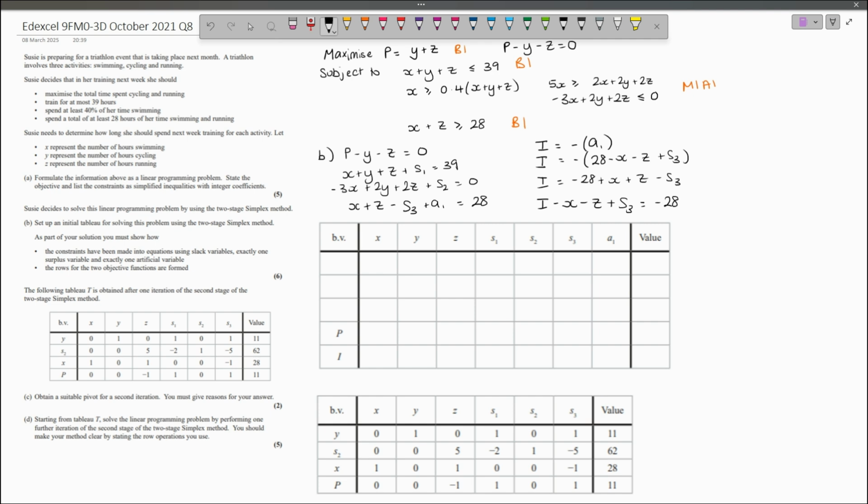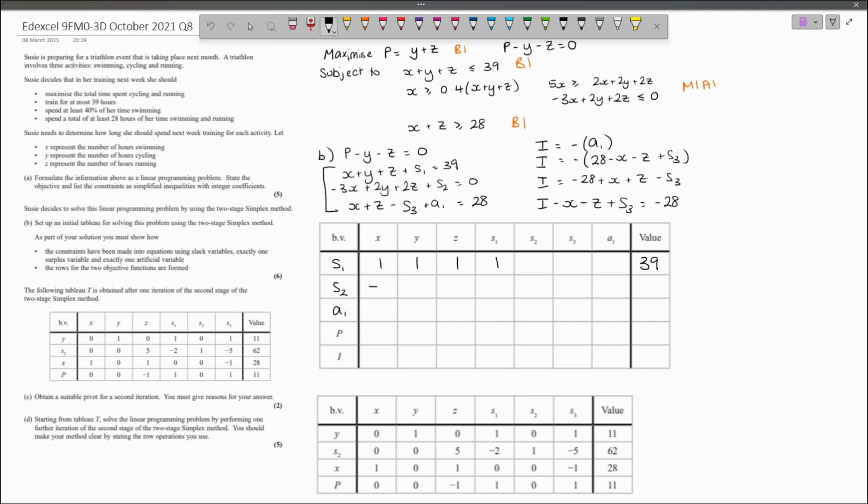So when I try setting up my table now, I'm going to put my three constraints in. So I've got basic variable S1, S2, and instead of S3, I'm going to have a basic variable A1. For the basic variable S1, I'm going to have 1x plus 1y plus 1z plus 1s1 is equal to 39.